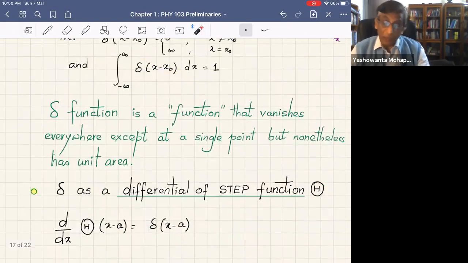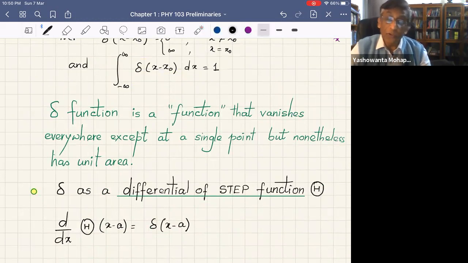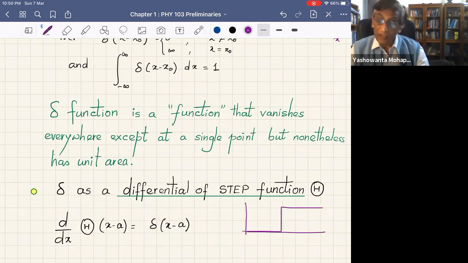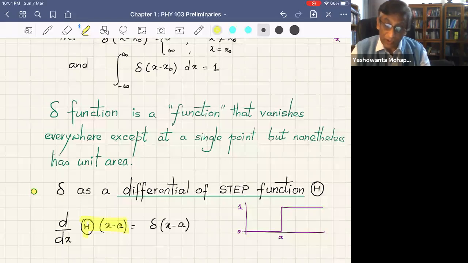We have already seen delta as a different function that I showed you, sometimes called the Heaviside theta function, that is the step function. So at A, there is 1, otherwise it's 0. It's called the capital theta function, theta(x minus A).